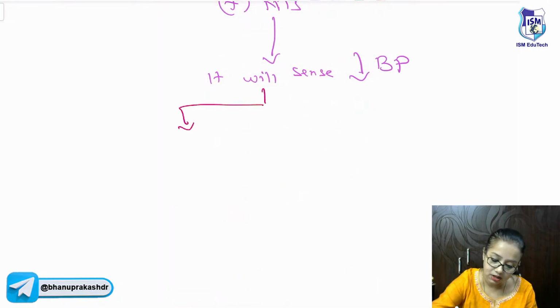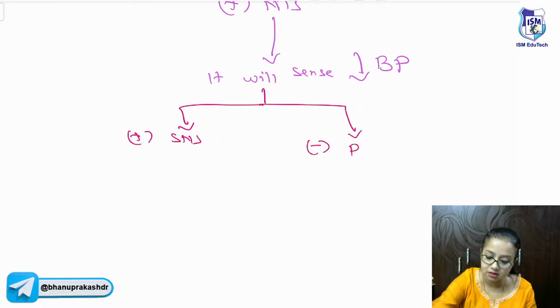It will stimulate the sympathetic nervous system and it will inhibit the parasympathetic nervous system. Sympathetic is the accelerator component, and parasympathetic is a decelerator.